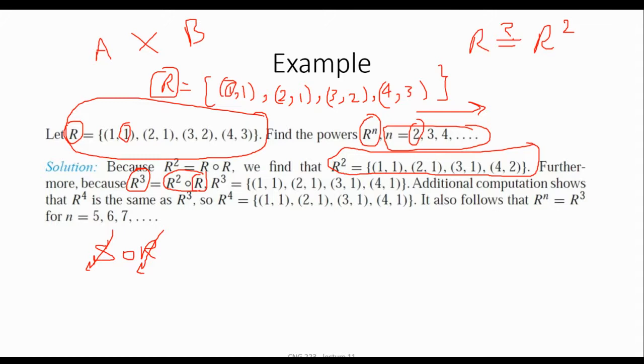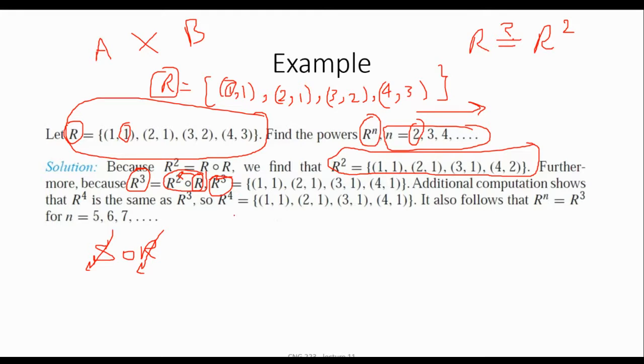So consider the second component of this one and then the first component of this, and you can come up with R power 3 the same way you did for SOR. Okay, when you reach this set R3, compare it with the previous sets. Do we have the same sets or not? No, we don't. R3 is not the same as the previous sets.